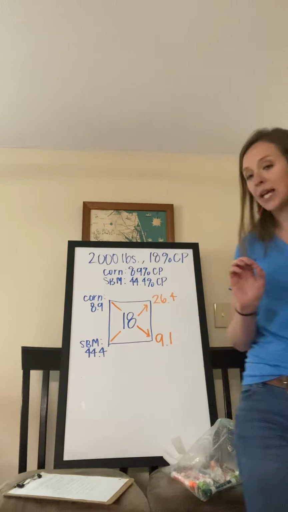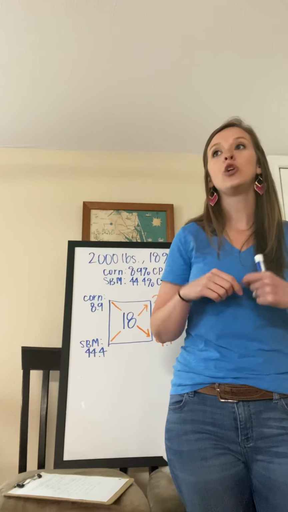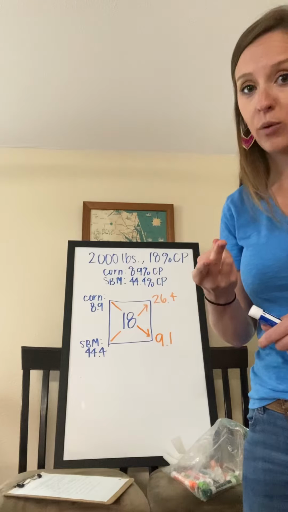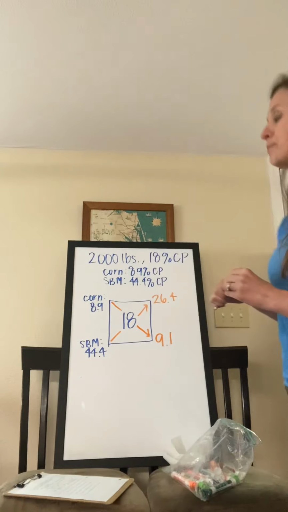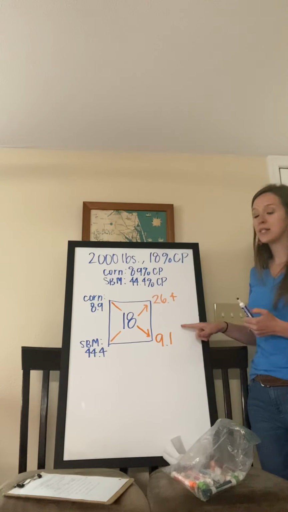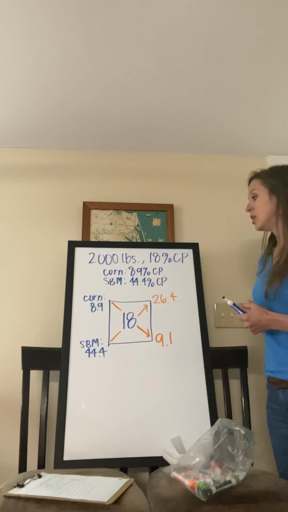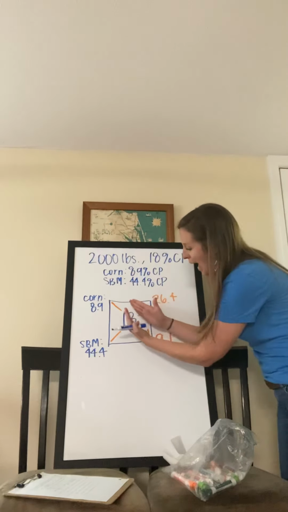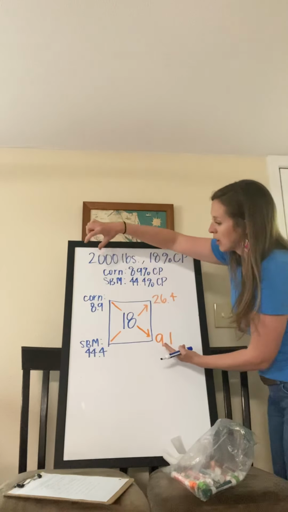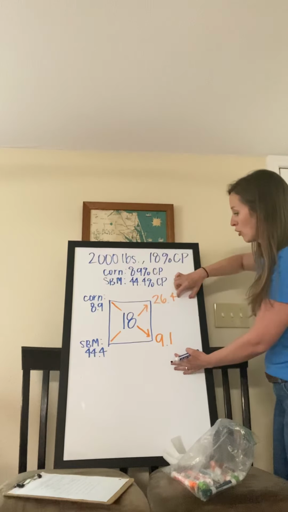Now here's the part that gets a lot of people tripped up, and if you mess up on this part, you'll get the answer switched. You'll get it backwards. So this is really important. On these numbers, we don't have any units. We need to say which one is corn and which one is soybean meal. Even though we went diagonally across the box in order to subtract, the feed type just goes directly across.